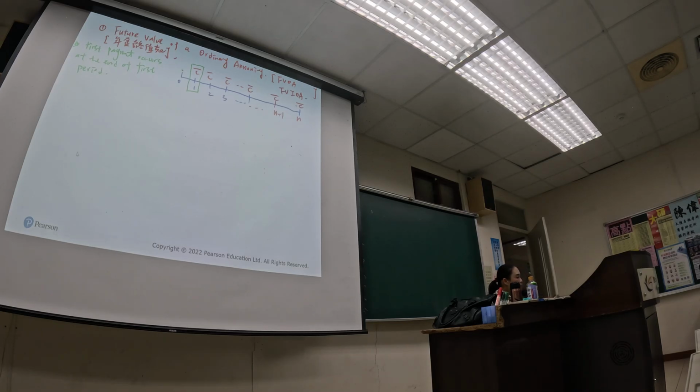Okay? And let's give a symbol for your interest rate. Okay, so interest rate equals R. Okay, now we're gonna compute FVOA, future value of annuity. Guys, we started with FVOA, okay?